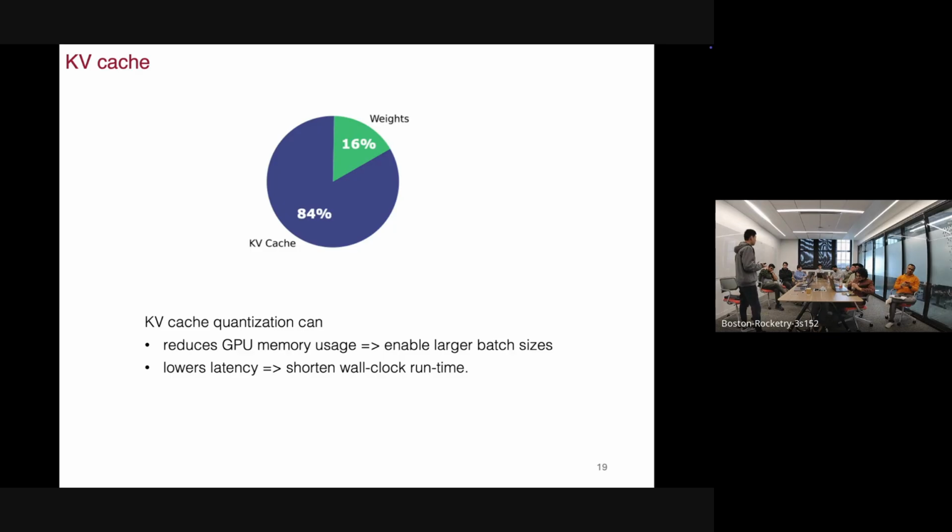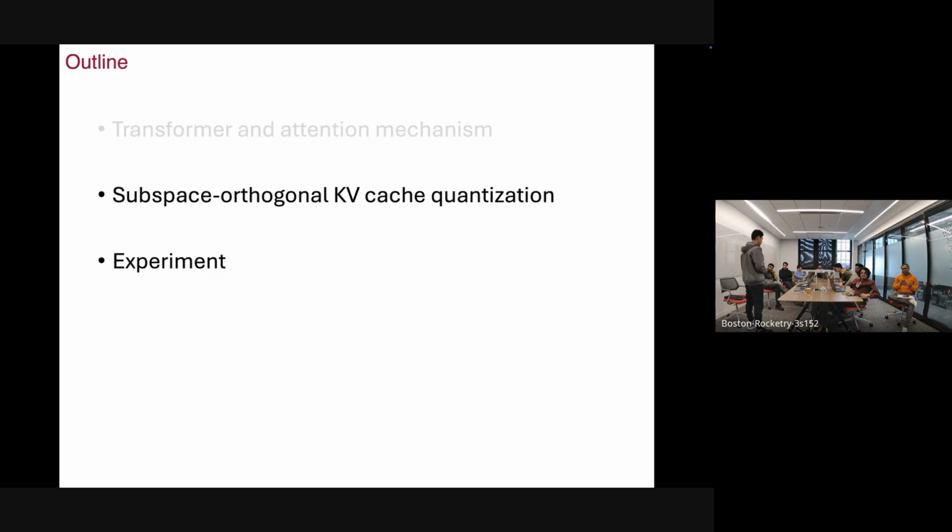And as a result, that can enable larger batch size for hosting your samples. The second reason is when you reduce this KV cache, you can reduce latency, because remember that large language model decoding is known to be memory bound. You spend most of your time transferring data. So those two reasons motivate us doing KV cache quantization, and that leads to what I'm going to talk about today.